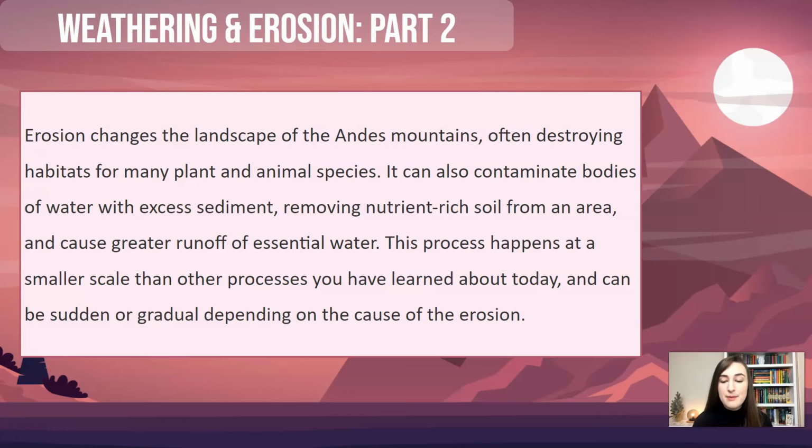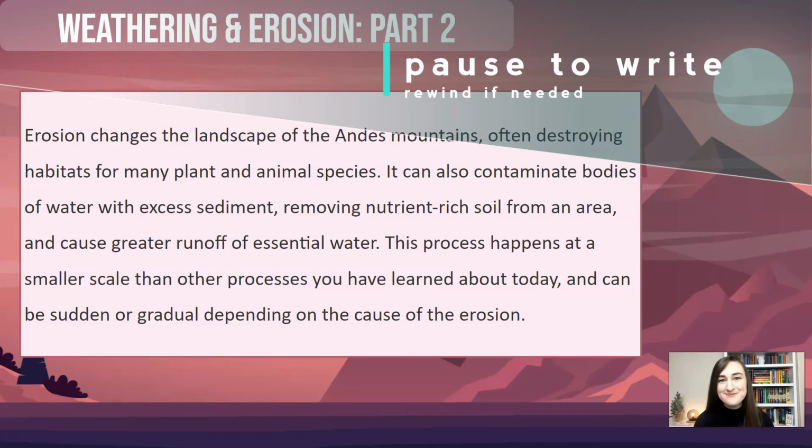This process happens at a smaller scale than other processes you have learned about today, and can be sudden or gradual depending on the cause of the erosion. Please take another minute or two, finish your notes, pause this video.